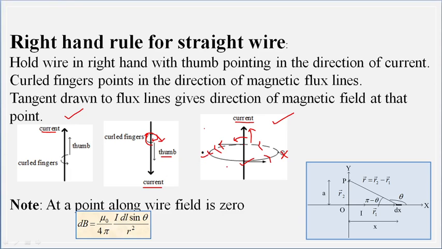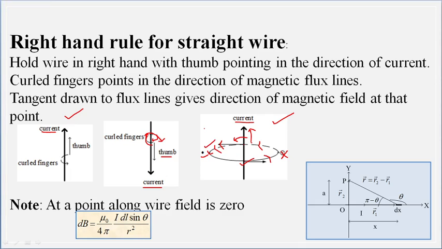So for the magnetic field due to a straight wire, we don't use the direction of vector dl cross vector r to find the direction. We use the right hand thumb rule. Suppose the wire is like this. Then on this side, the magnetic field will be inside, and on this side, it will be outside.